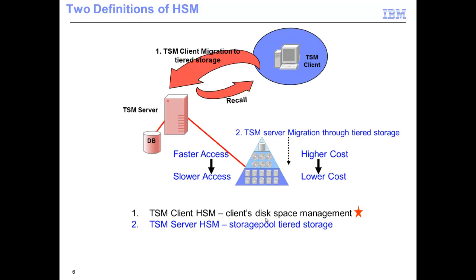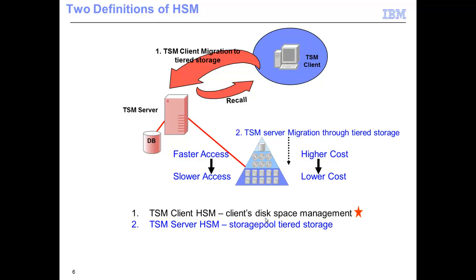So let's see how Tivoli Storage Manager works with space management. First of all, I want to clarify the two definitions of hierarchical storage management. The first being the one we're going to be talking about, taking end users' data and migrating it to the Tivoli Storage Manager server and being able to seamlessly recall it if it's needed.